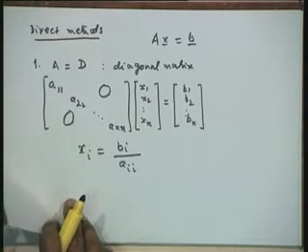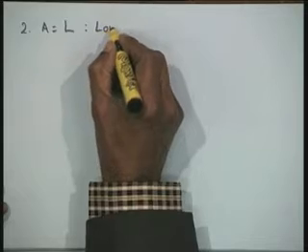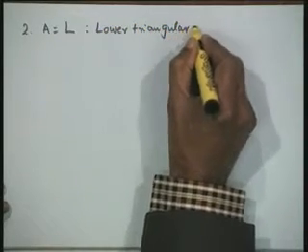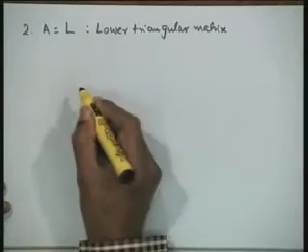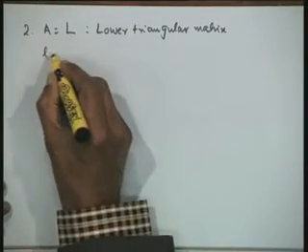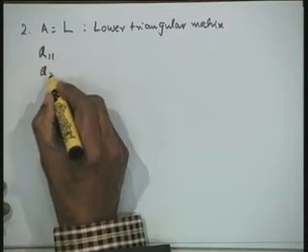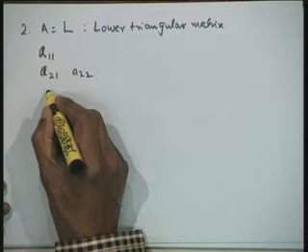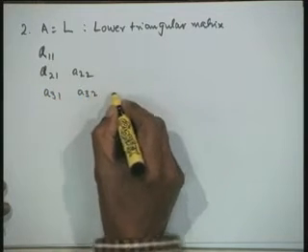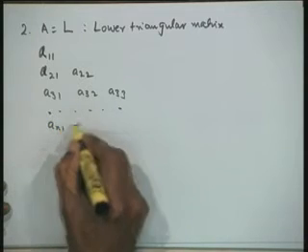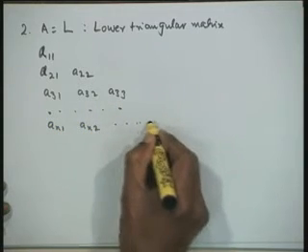Now, let us take another case when A is of the form L, a lower triangular matrix. Therefore, the system is of the form a11, a21, a22, a31, a32, a33, an1, an2, so on ann.